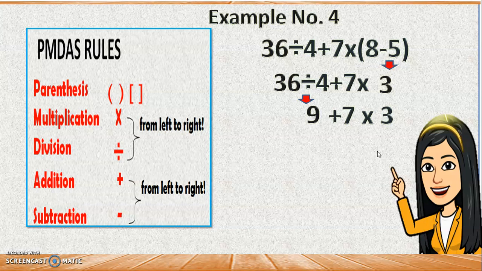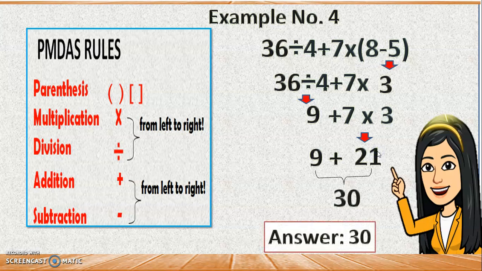Yung addition o yung multiplication? Tama. The multiplication. So, you're going to multiply first. 7 times 3 is equal to 21. Then, baba mo lang yung 9. 9 plus. Yan. Pati yung sign. Then, you're going to add. 9 plus 21 is equal to 30. So, the answer is 30.